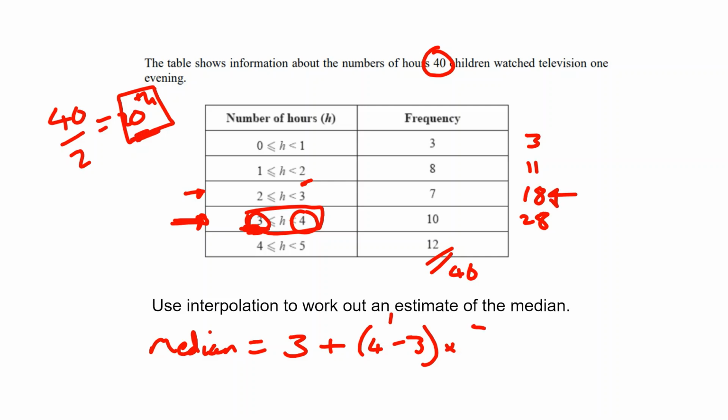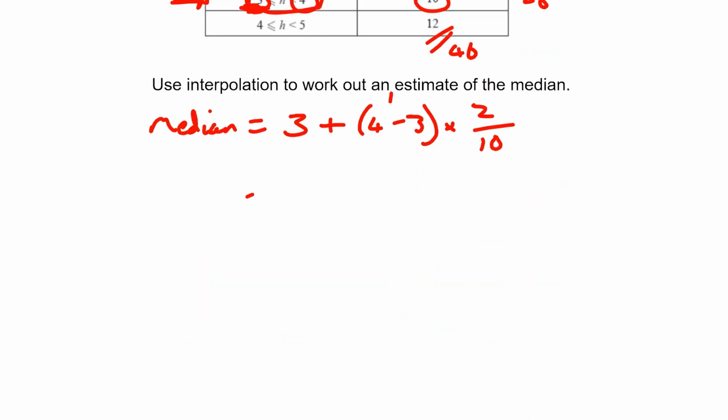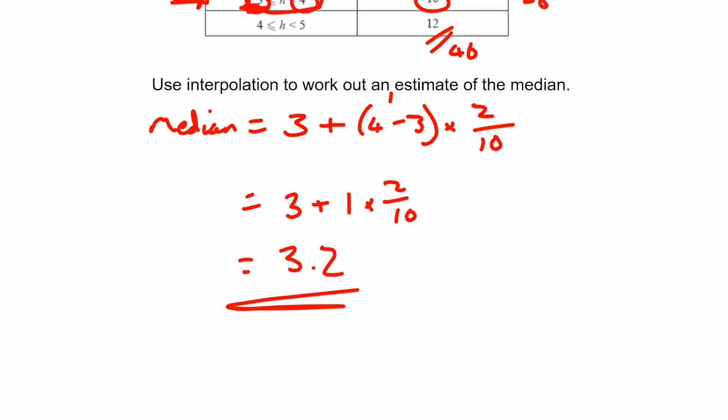So we've gone 2 into that. We've gone 2 into it out of 10. Now again, this is one we can feed straight into our calculator. So if we do that, we're going to get 3 plus 1 lot of 2 tenths, which is going to give me 3.2. That is my interpolated median. Don't get put off by this word. It's just asking you to do the process above.